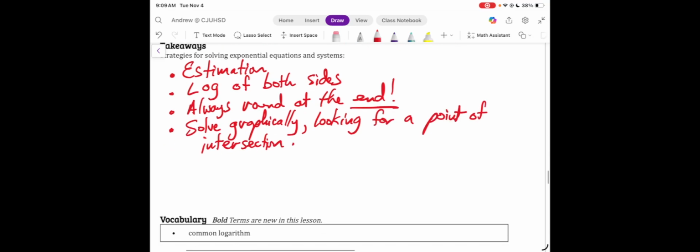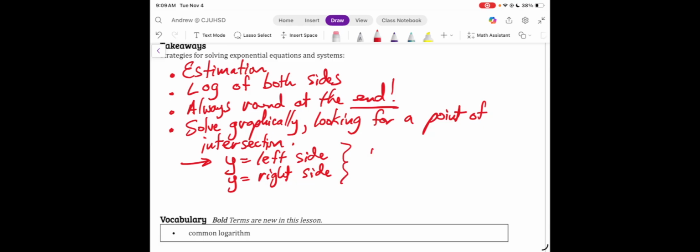And how you would do that, y equals the left side of the equation, y equals the right side of the equation, and then you look for something like this. The place they cross, the x value is what?